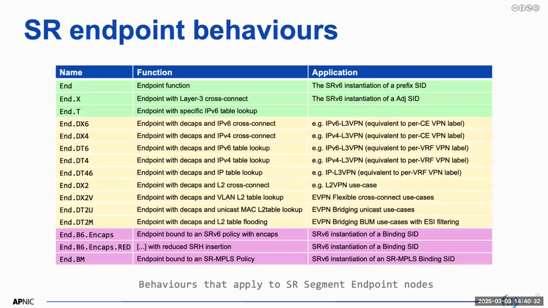Okay, so this is the list of different endpoint behaviors and functions we can implement on a segment routing node. I have given different colors to different endpoint behaviors, like End.X or End.T. These are all the behaviors related to a segment routing node itself. But there are other behaviors and functions we can implement.